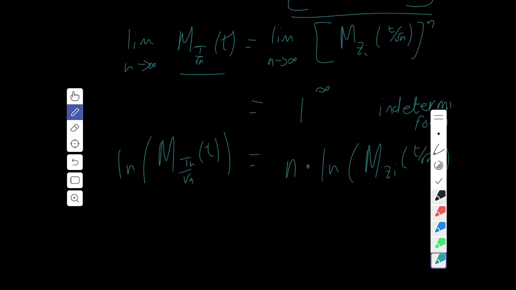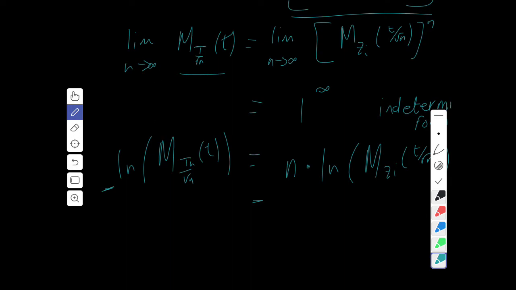Now, when we take the limit of this, we will get something that's easier to work with, and hopefully we'll be able to use L'Hopital. Once we've evaluated the limit, we just have to take e to both sides. We can think of this as the log of the limit, and the limits come out.